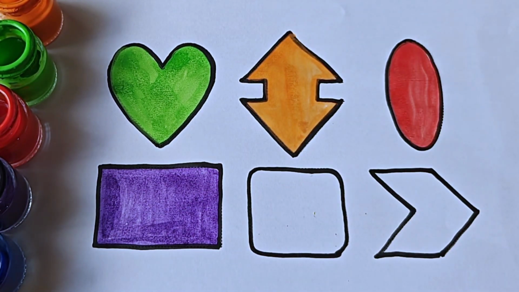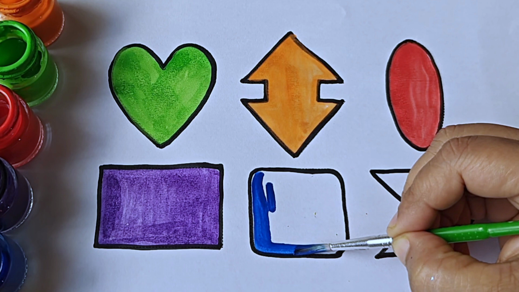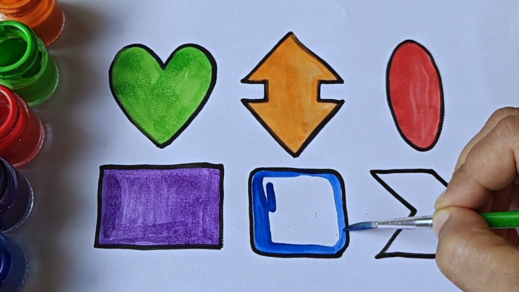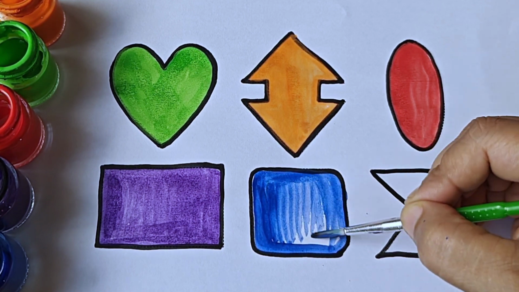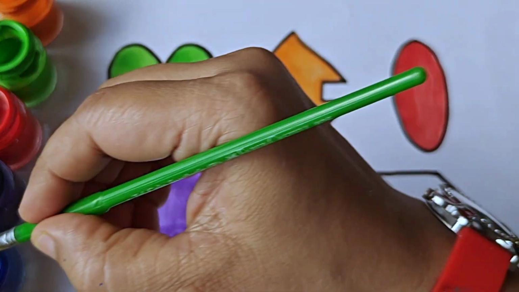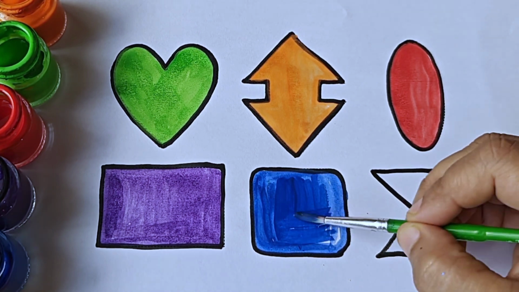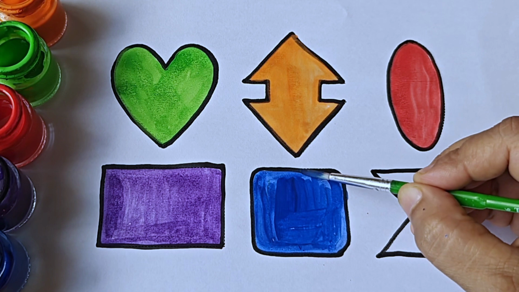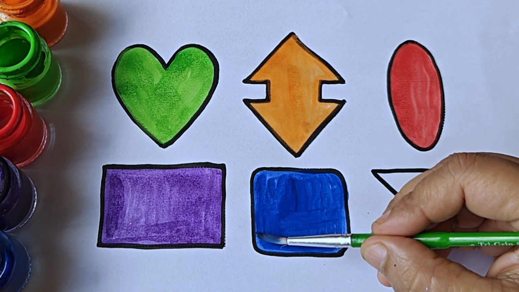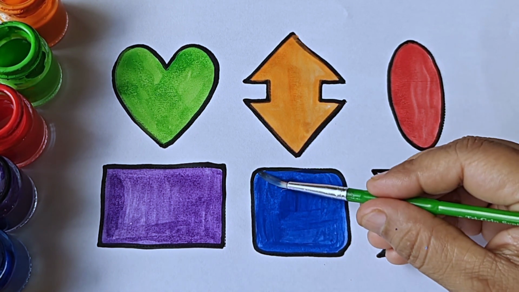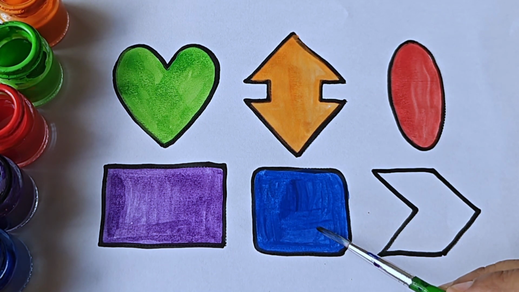It is rectangle. It is blue color. It is rounded corner square.